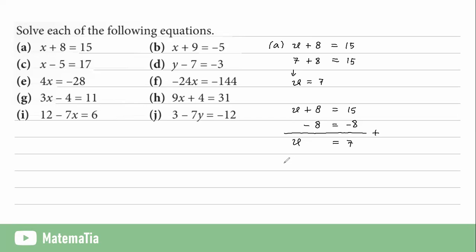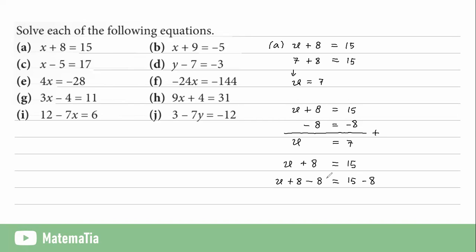Or we may use this way, x plus 8 is equal to 15. It's still the same. We want to find the value of x. That's why we have to get rid of number 8 here. So we use the opposite operation. So x plus 8 minus 8 is equal to 15 minus 8.